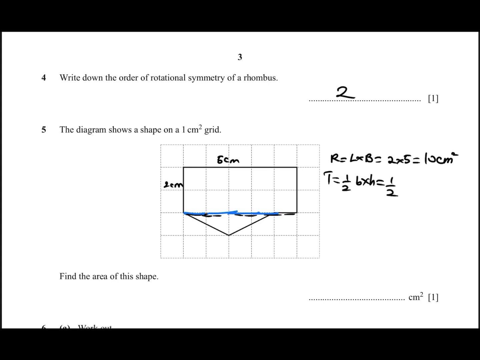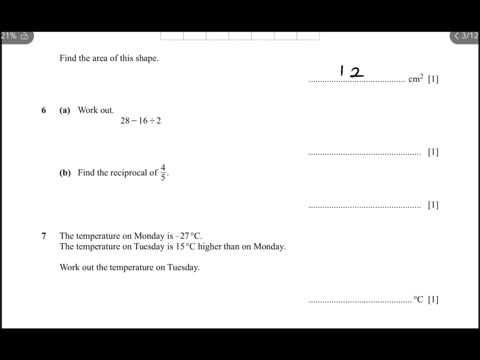In this case, the base is these blue lines, which is 4 cm, times the height 1, half of which is 2 cm squared. So when you add it together, you're going to have 12 cm squared. The unit is already written, so I'll just write 12.